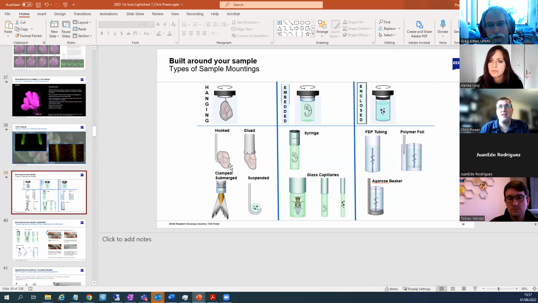Yes. So in the middle method, the embedding method, you have a glass capillary and you don't image through the glass because it will look terrible. It just refracts the light. In the encapsulation method, the trick is to make a chamber which has the same refractive index as water, so the chamber becomes invisible. So in the early days, before we commercialized systems, the EMBL used to make a bucket out of agarose.